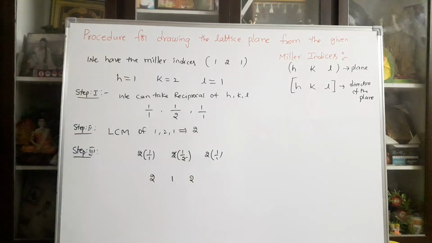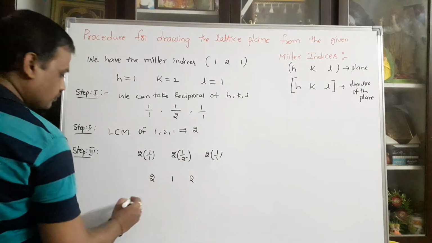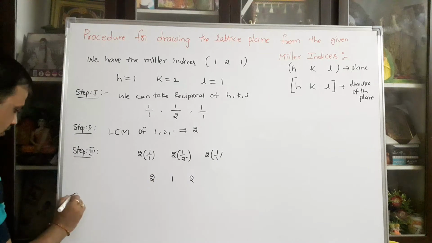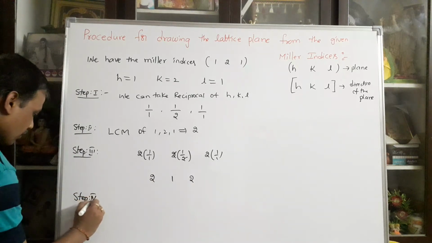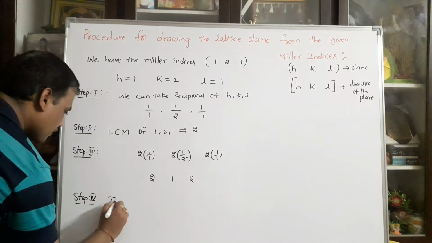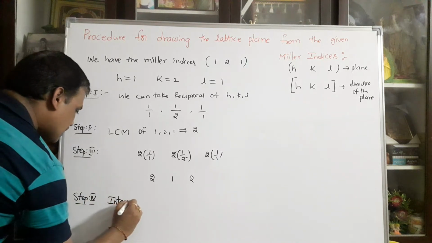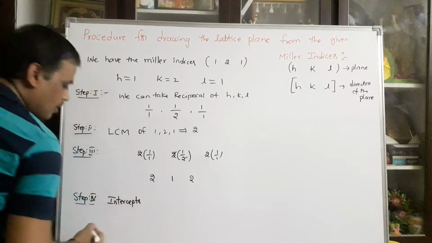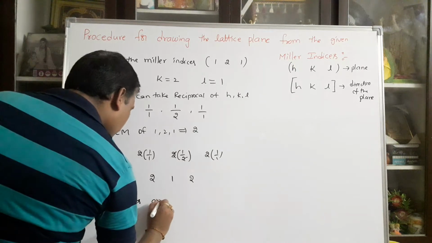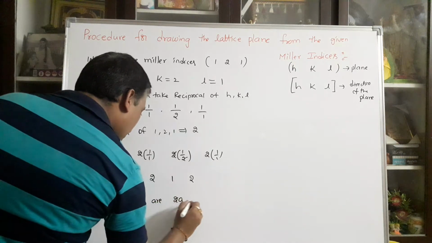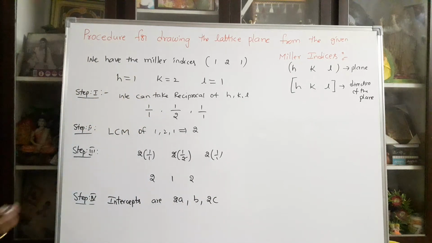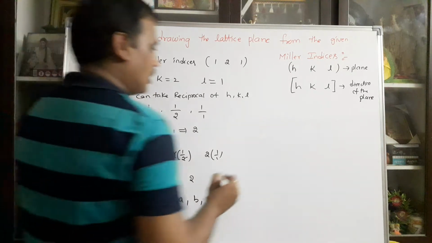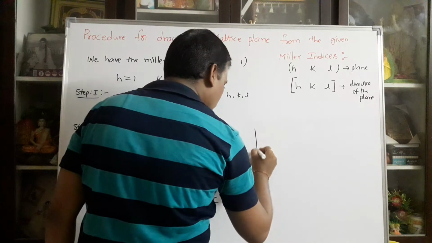These are the intercepts. Step number 4: the intercepts are 2A, B, 2C. Based on these intercepts, you can draw the lattice plane in the crystal structure.